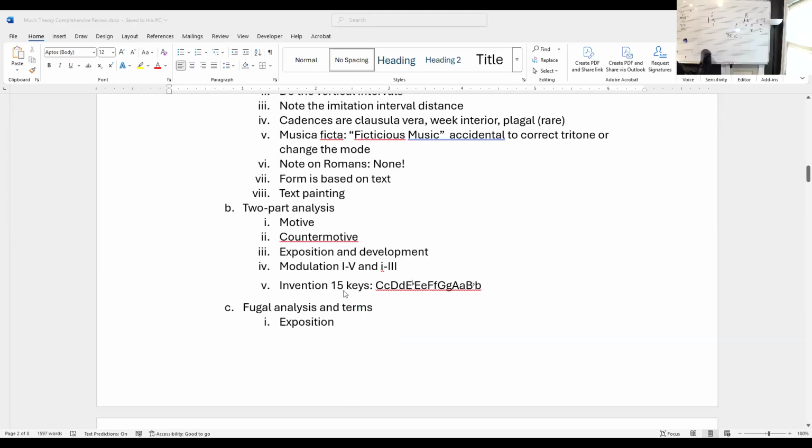I have seen placement exams that ask you the 15 key signatures for Bach's two-part inventions. And they're listed here.